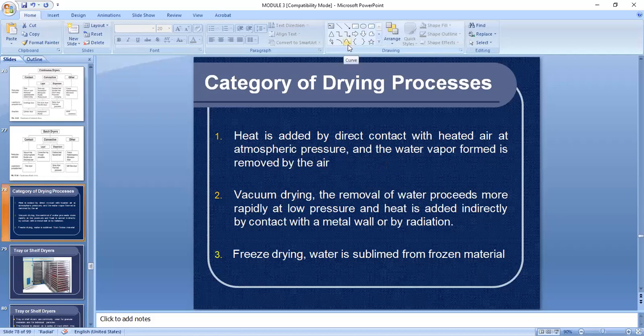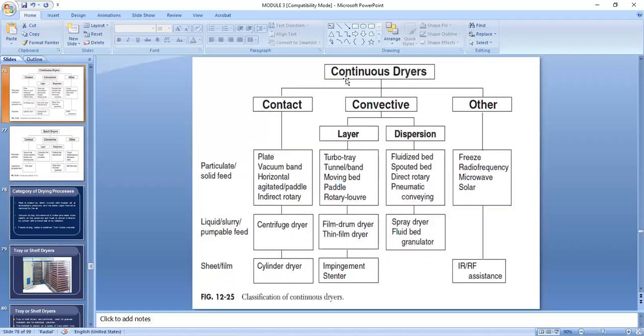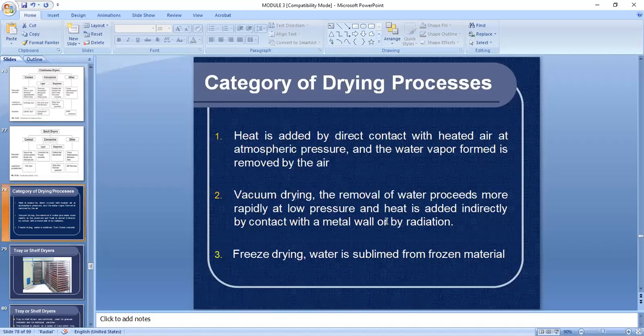So the water vapor goes with the air that was used as the drying medium. Now, vacuum drying is the removal of water, which proceeds more rapidly at low pressure, and heat is added indirectly. So that's the convective type. So indirect type of drying by contact with the metal wall or by radiation.